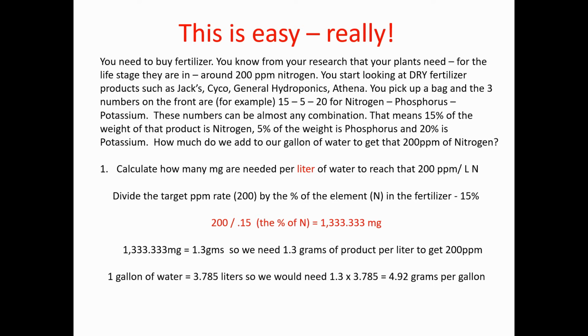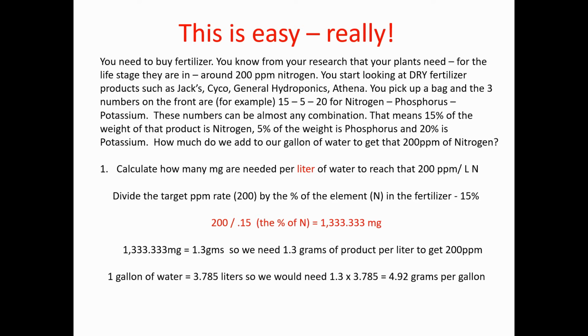But again, we normally don't calculate our solutions in liters. We use gallons. So we just do a very simple conversion here. 1 gallon of water equals 3.785 liters.